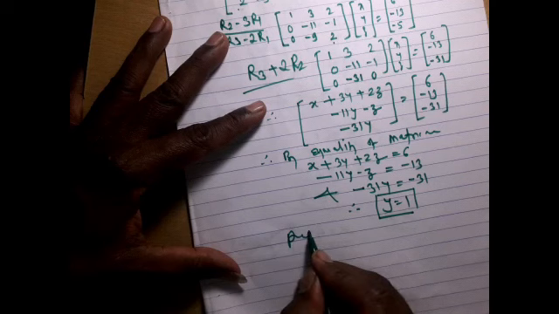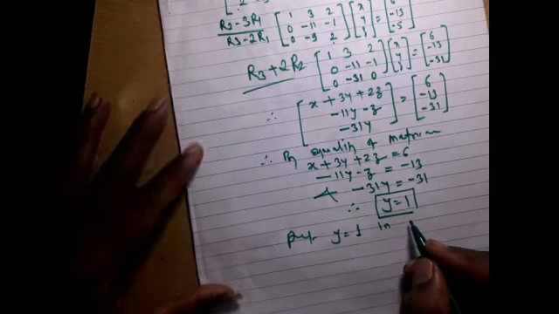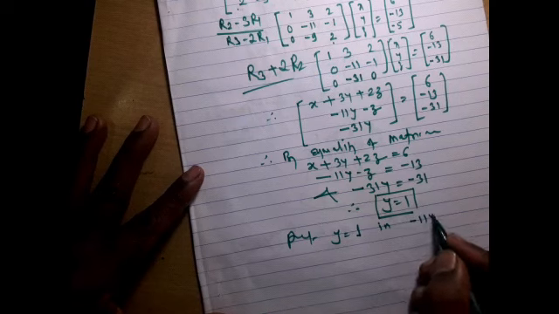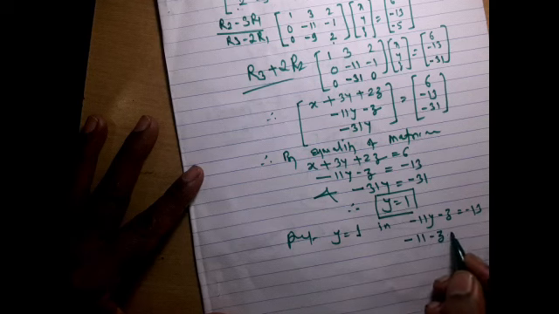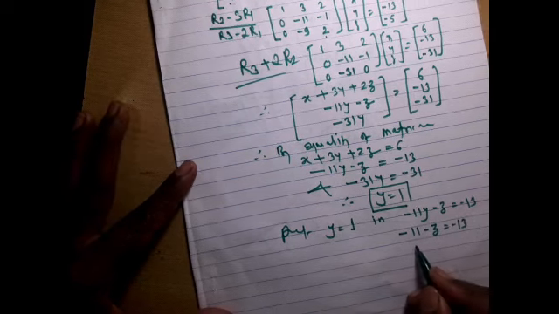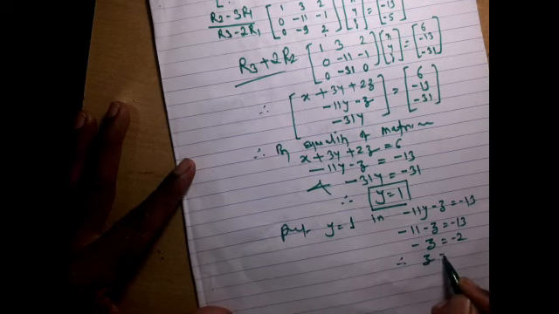You know how to solve linear equations. Put y is equal to 1 in the equation minus 11y minus z is equal to minus 13. So minus 11 minus z is minus 13, minus z is minus 2. Therefore z is equal to 2.